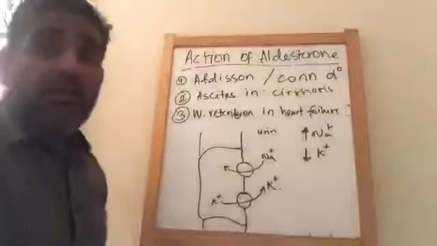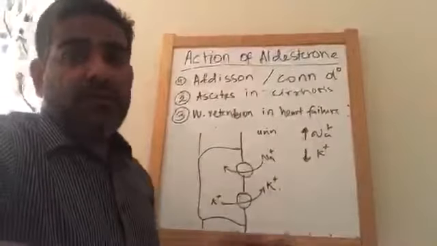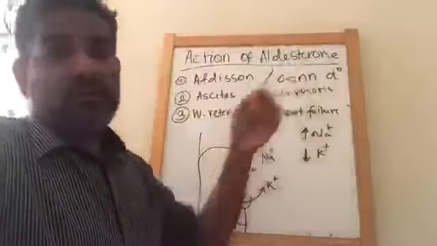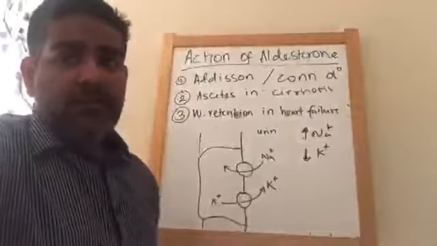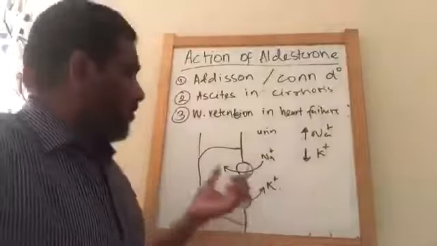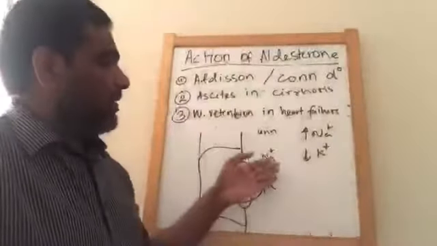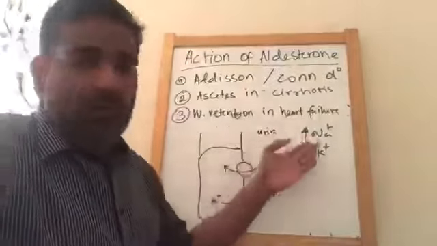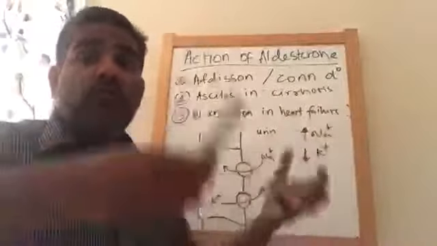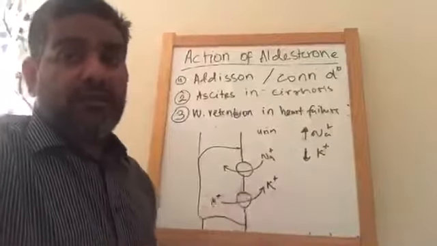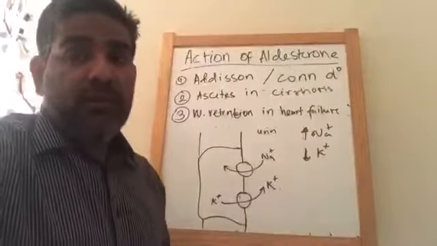So aldosterone inside the plasma will increase, as you can see in Conn's disease. So these patients have more of this pump activity. Because of that, they absorb more sodium and water. So water retention happens eventually.